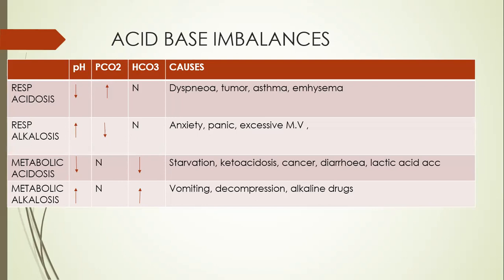In metabolic conditions, the bicarbonate ion will be decreased or increased. In respiratory conditions, it will be normal. So the bicarbonate ion will be normal in the first stage of acid-base imbalance. There will be a change in the bicarbonate ion in the case of the compensated mechanism.